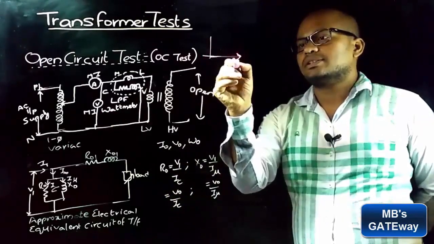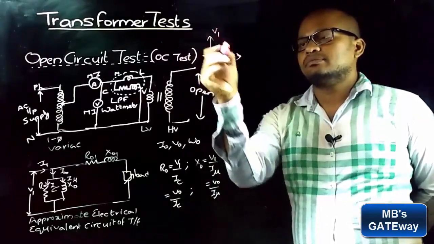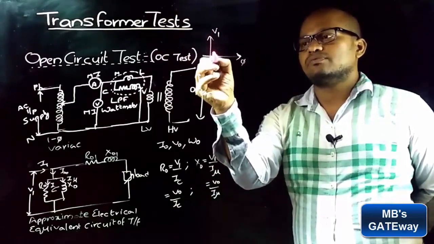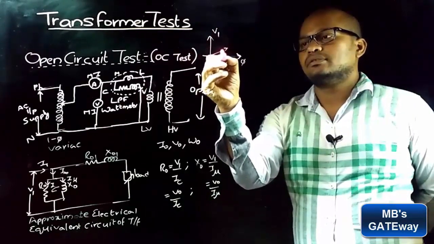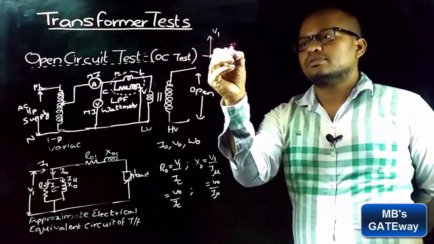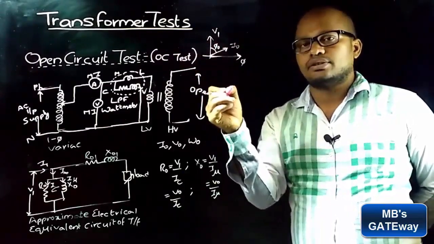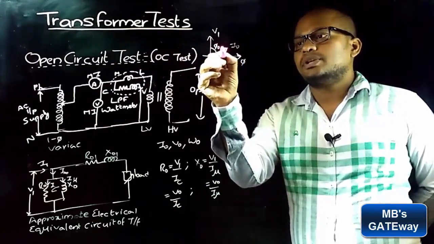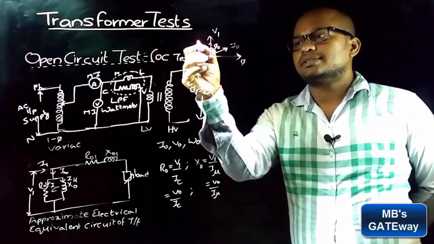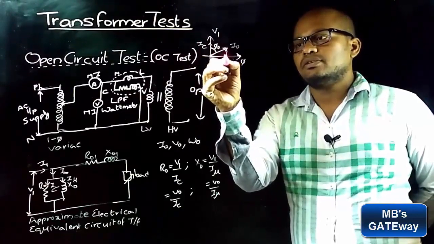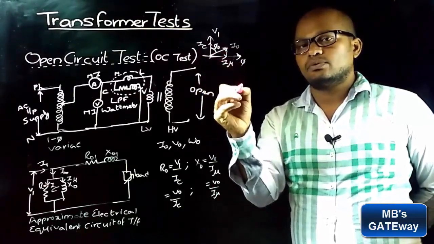For that, let's recall the concept of the phasor diagram, in which this is the flux phi, this is the voltage V1, this is the no load current I0 and this is the angle phi naught. The component along the voltage is taken as IC and the component of I0 along phi is I mu.